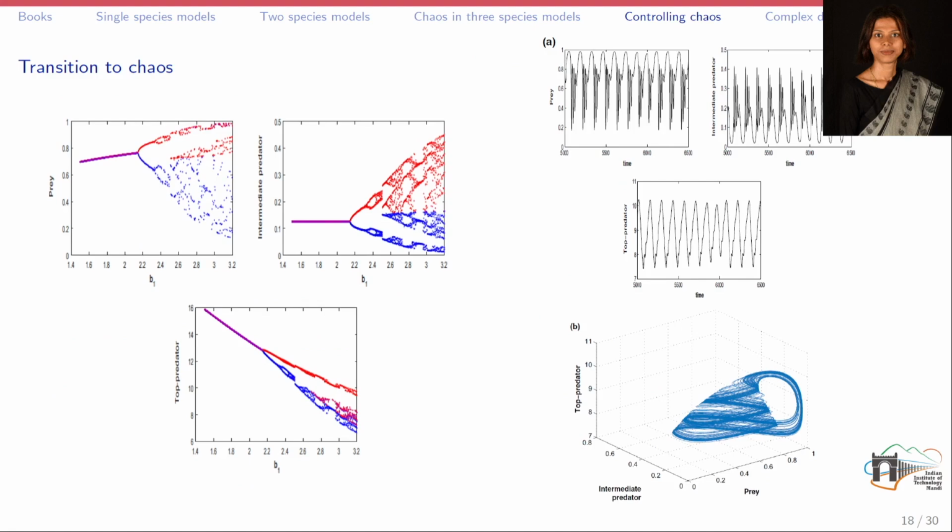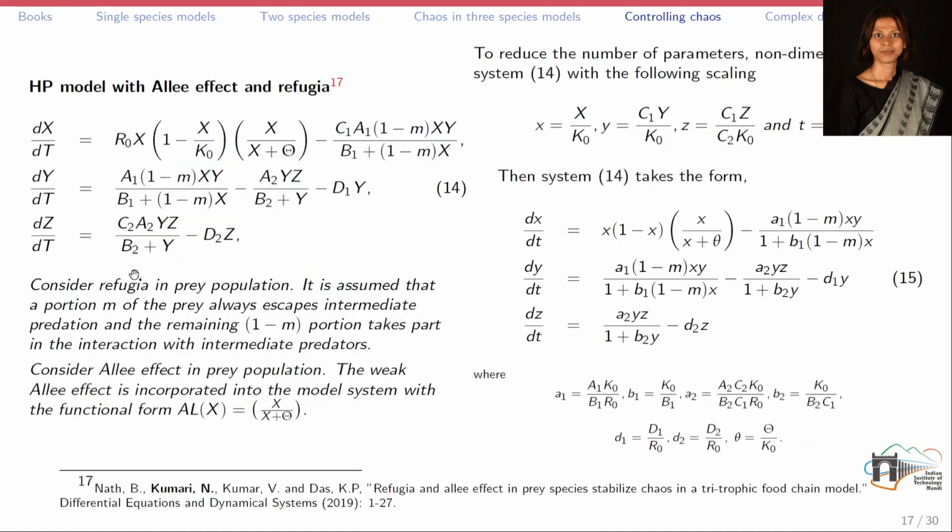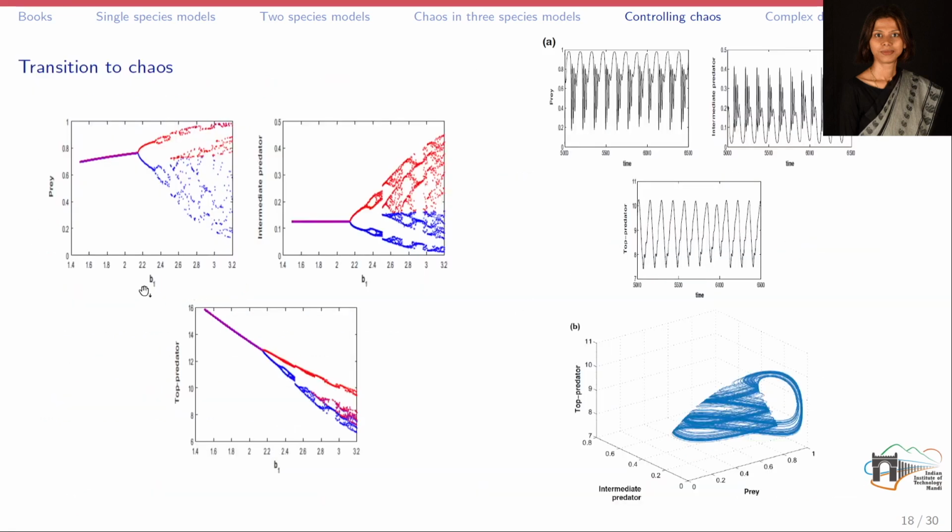So here we have studied the dynamics of the proposed mathematical model in the absence of both refugia and Allee effect. What we see here is that we have considered this parameter b1 to be the sensitive parameter, and with respect to this bifurcation parameter b1, it is seen that initially there was stable dynamics, and later there was a period doubling, which led to chaotic dynamics.